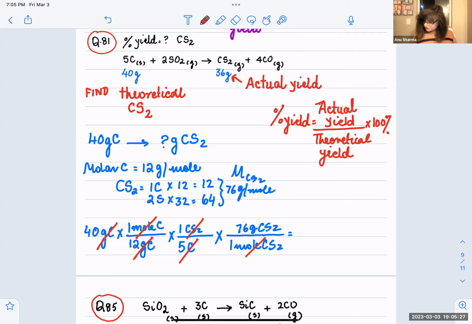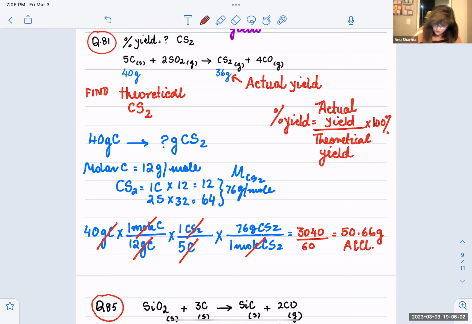So we are getting 40 times 1 times 76, which is 3040, over 12 times 5, which is 60. So 3040 divided by 60 and you get 50.66. In this case, just keep it exact. Don't round up or anything.